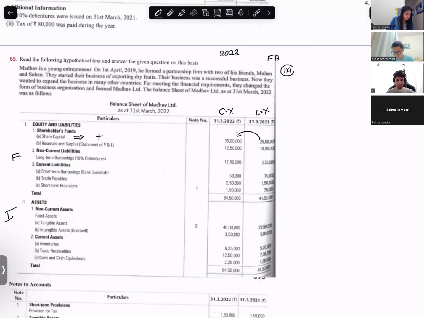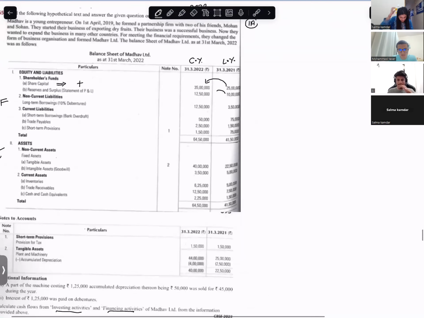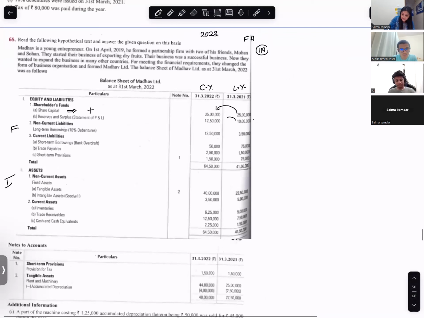Okay. Now, what is with the reserves and surplus? Reserves and surplus is always used to find out the net profit before tax and extraordinary items. But do I have to do that now?